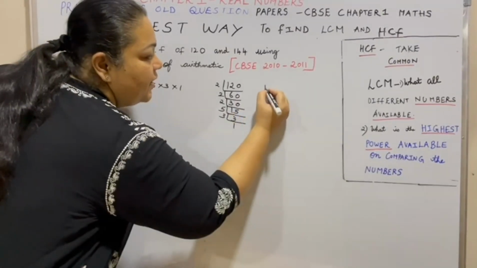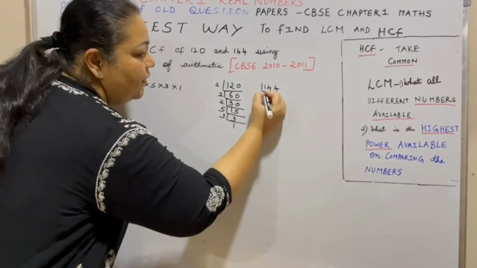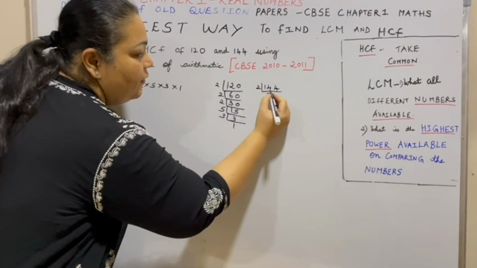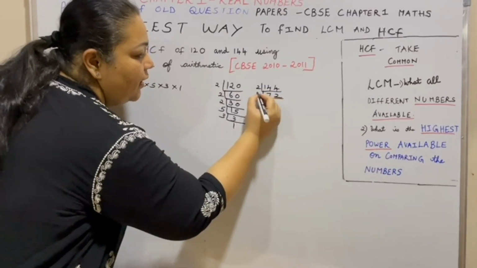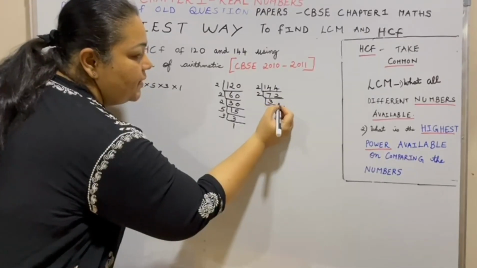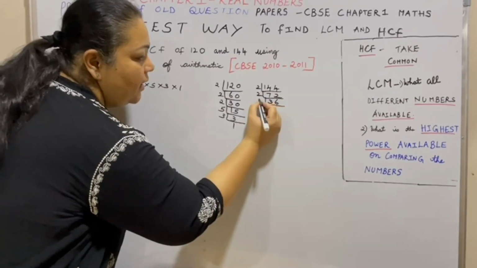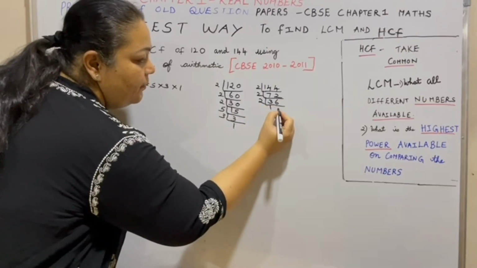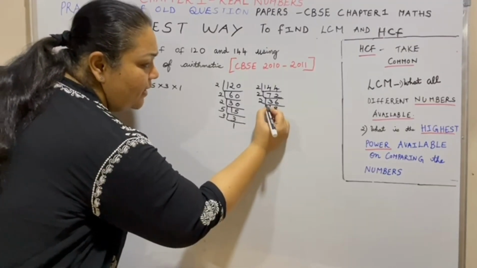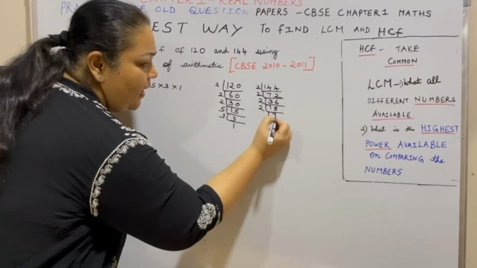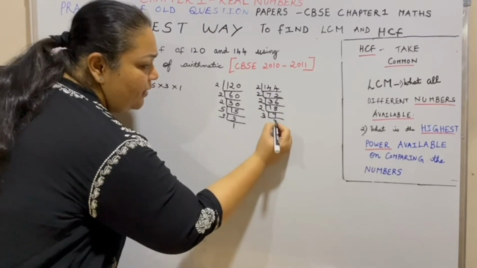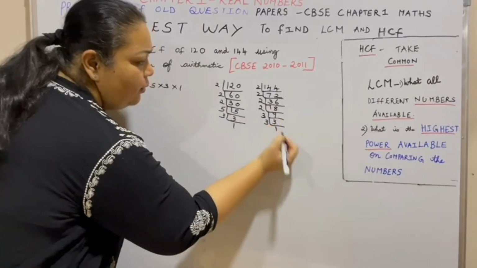Next, the prime factorization of 144: 2 sevens are 14, 2 twos are 4, 2 threes are 6, remainder 1, 2 sixes are 12, 2 ones are 2, remainder 1, 2 eights are 16, 2 nines are 18, 3 threes are 9 and 3 ones are 3.